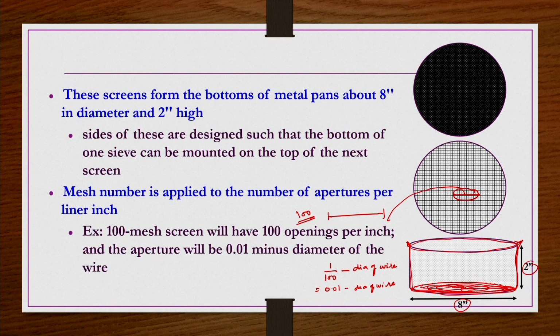By size we mean the screen aperture opening size, indicated as 3 by 4 inch or 1 by 4 inch, etc. The same screens can also be designated by the mesh numbers, which indicate how many openings there are per linear inch. Either way these screens are labeled. This is about the individual screens.